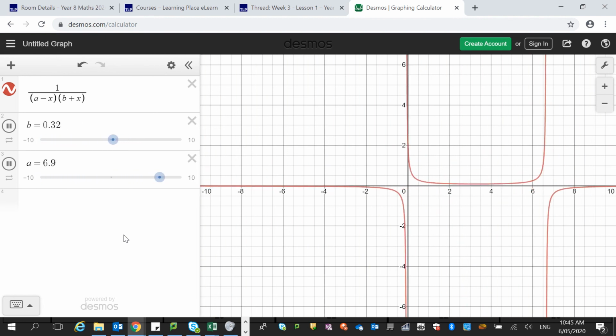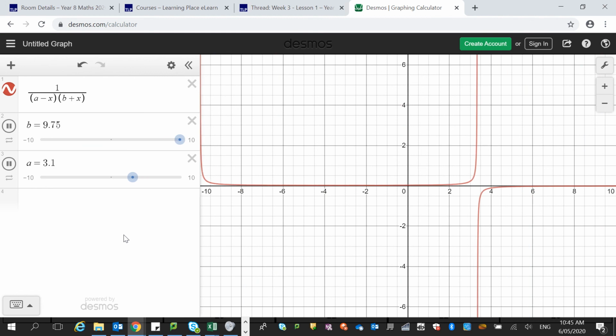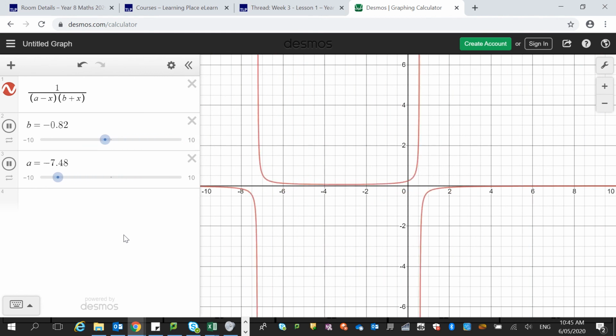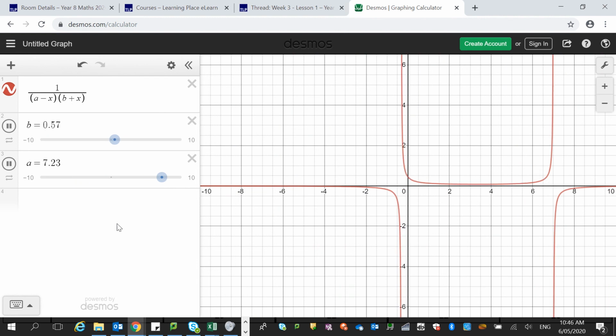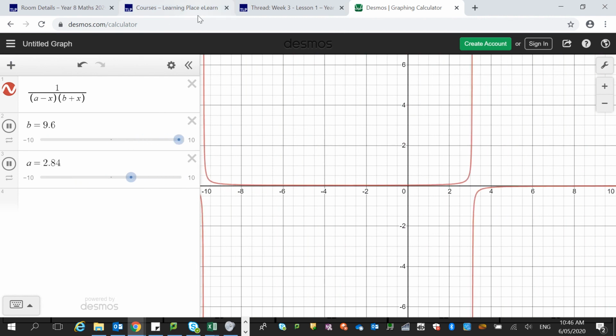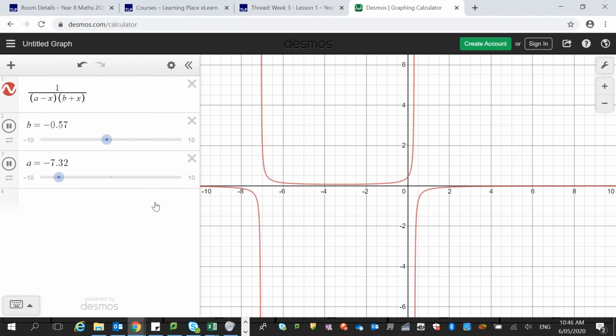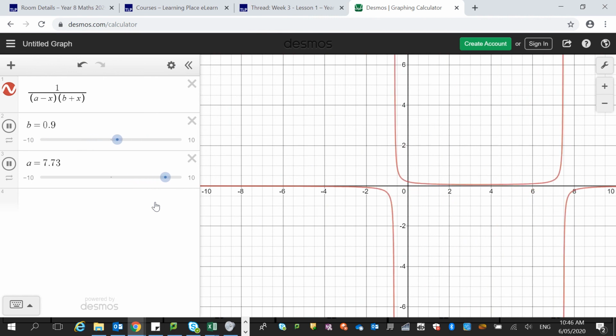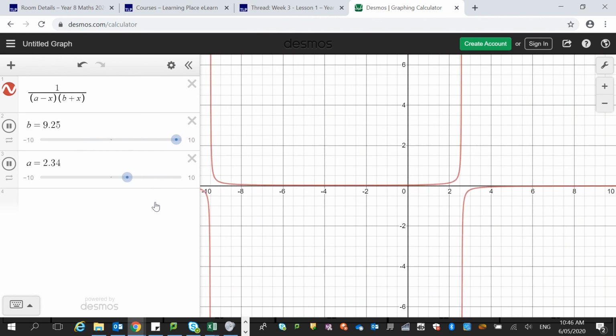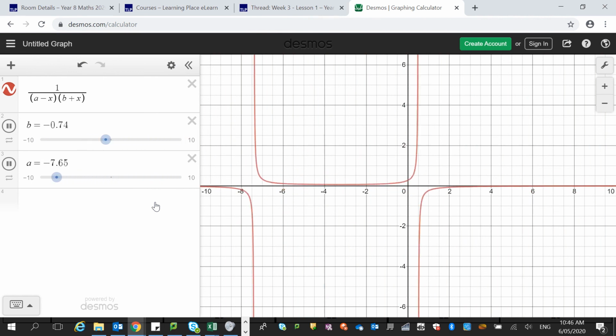So this is a function, but it is not a polynomial. Have a bit of a play around with this as well. It's really good for visualizing. Anyway, I'm going to quickly move on and make the second lesson for this week, so you guys will have both of them one after the other.